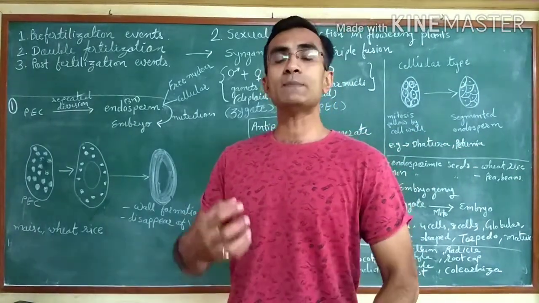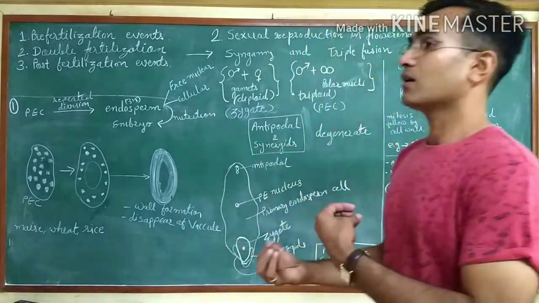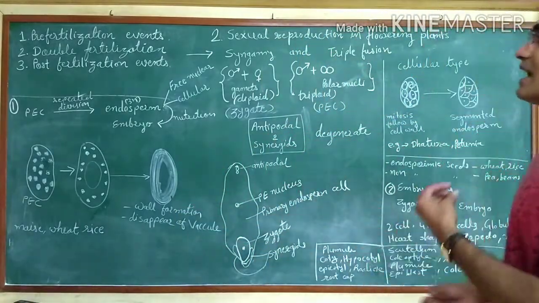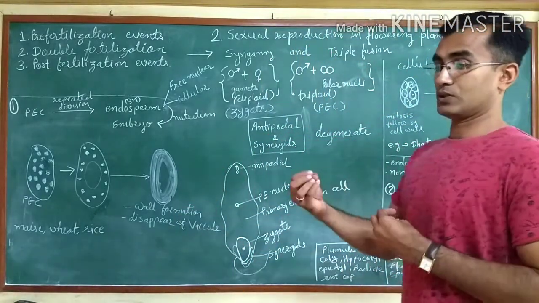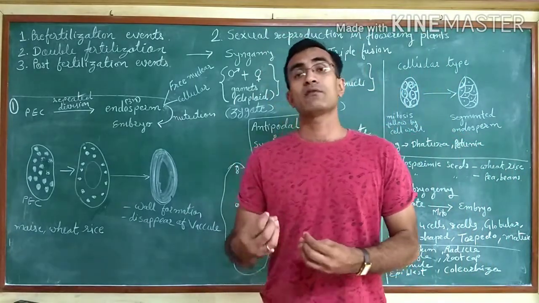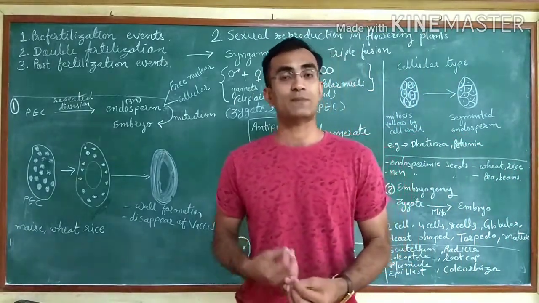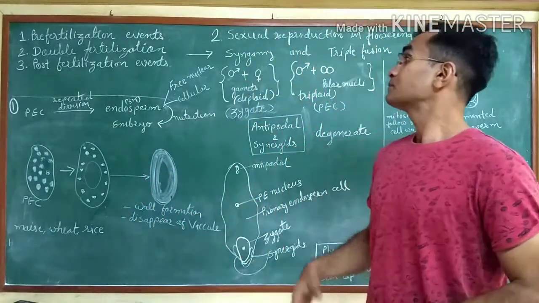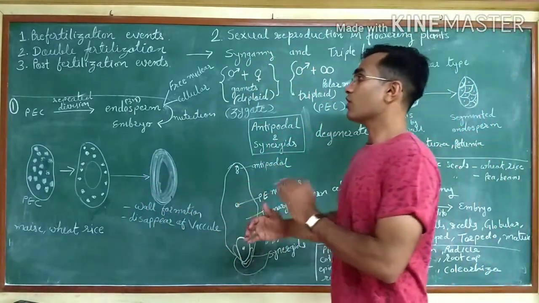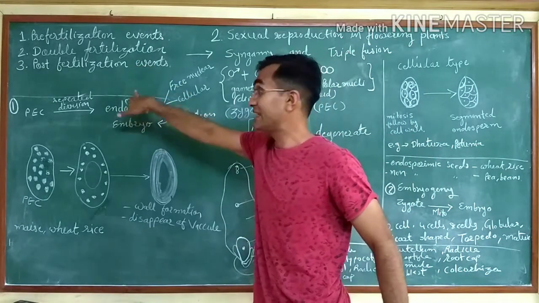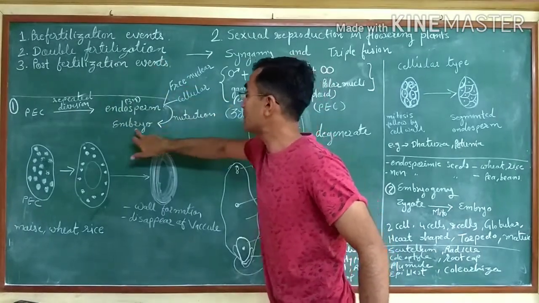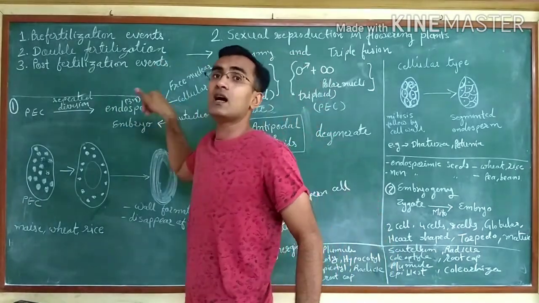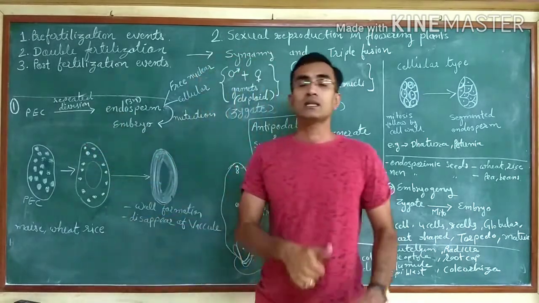This endospermic tissue, or the endospermic cells, will help the embryo. During the embryogenesis process, they will provide the nutrients. Okay, understand? So the main function of the endosperm is to provide nutrients during the embryo formation.